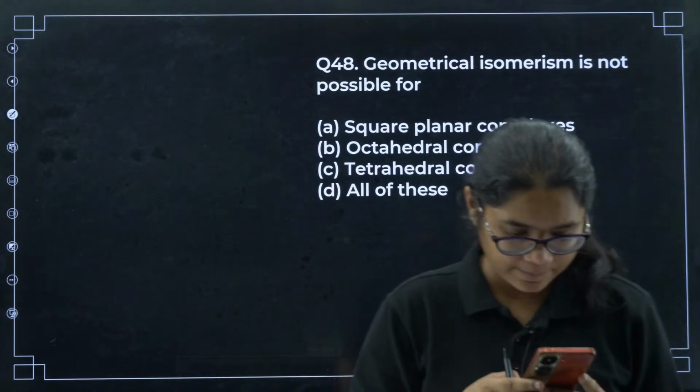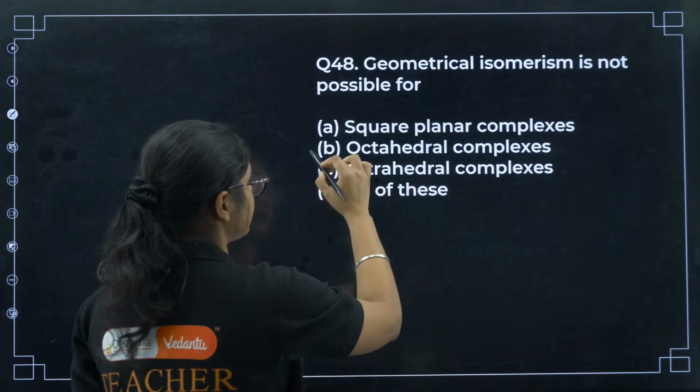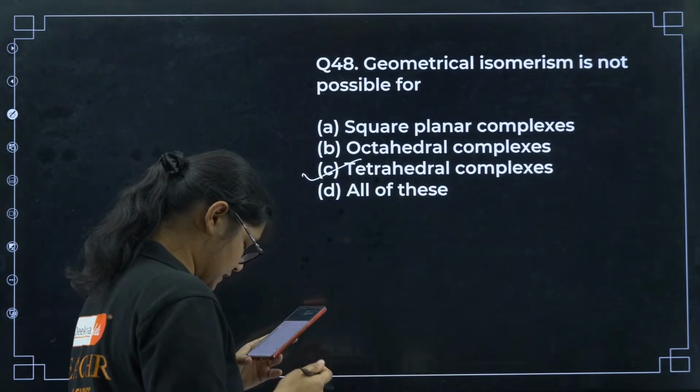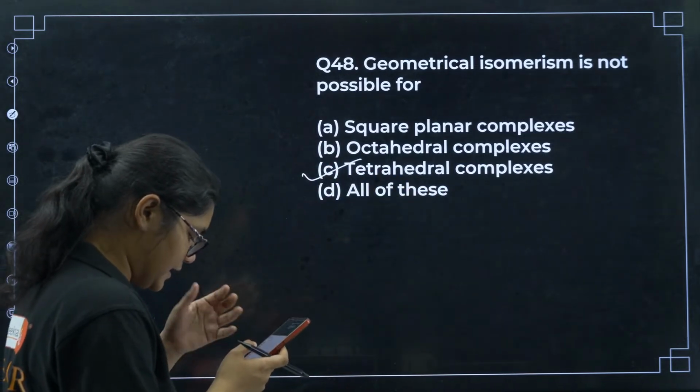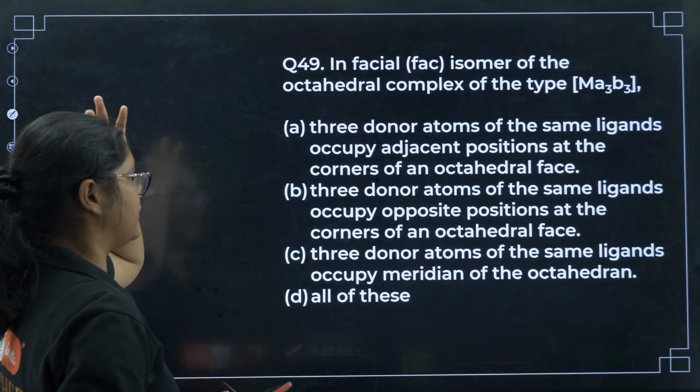Yes, here all of these is the correct answer. Tetrahedral complex is the correct answer. Option number C. Yes, C is the correct answer. Okay, just now we have discussed tetrahedral is not there.